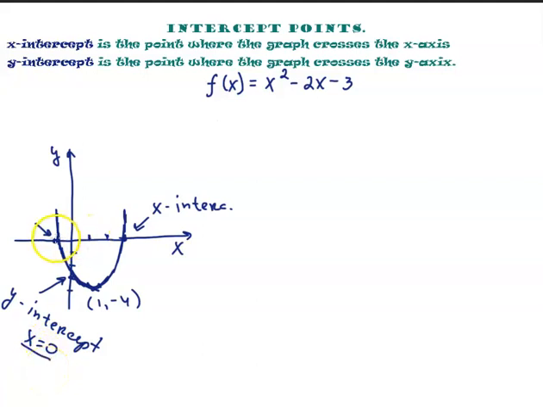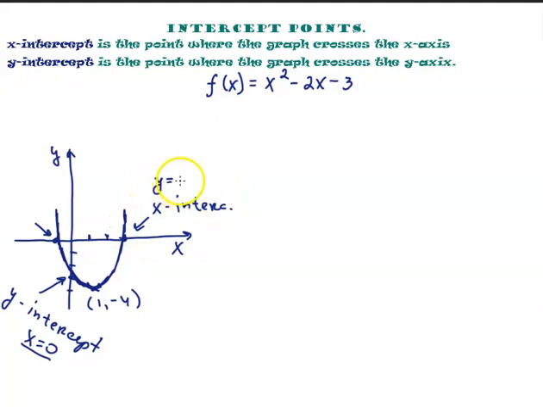And then in terms of x-intercepts, we will have some x coordinate, and we'll find out later what it is. But the y coordinate, where the graph crosses the x-axis, is 0, not up, not down, right on the line. So we'll have an x, knowing that y equals 0 for the x-intercepts.